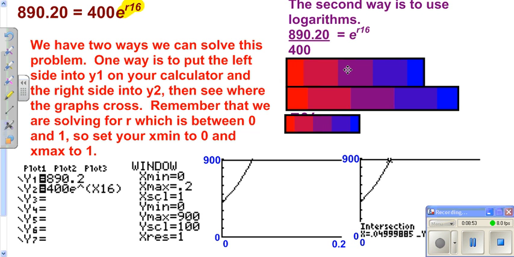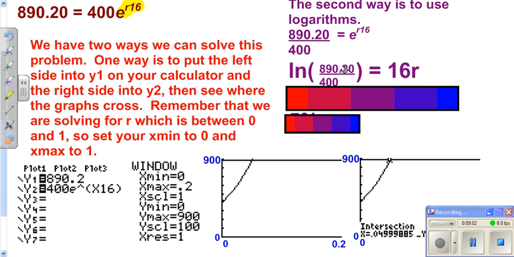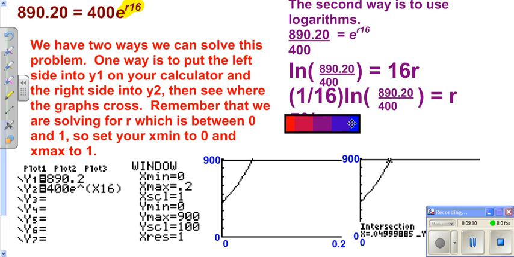Now we're going to use logs. In this case, since we're dealing with the natural number e, we'll use the natural log on both sides. Your natural log undoes e. You now got to get rid of the 16, so you'd want to go ahead and multiply by 1/16. So then you get the decimal approximation to be close to 5.